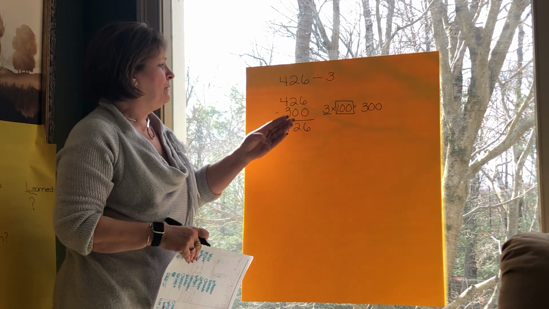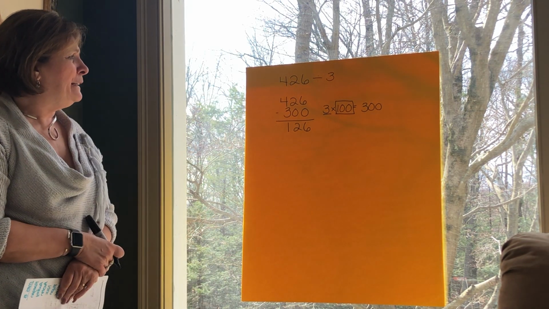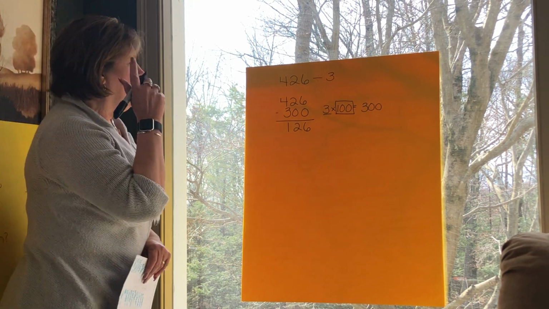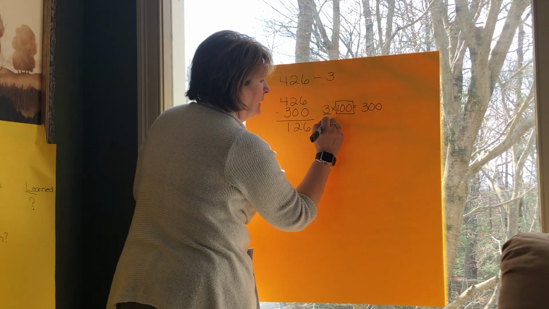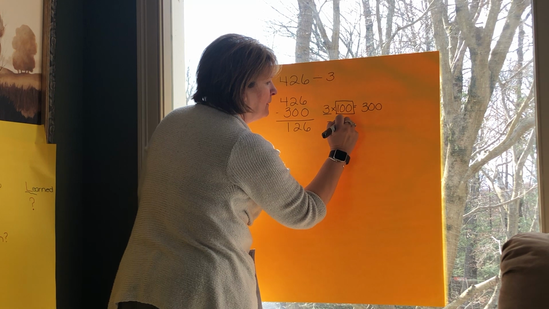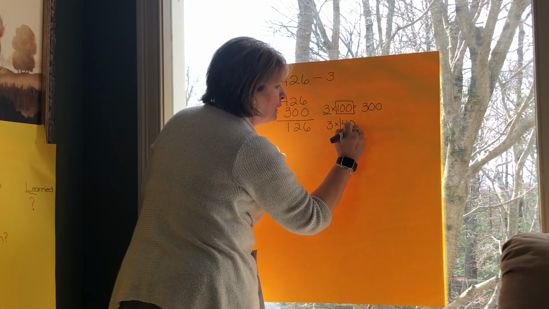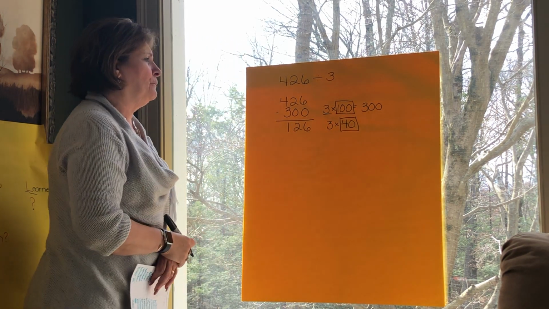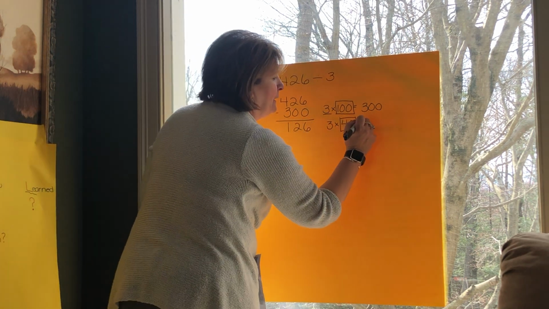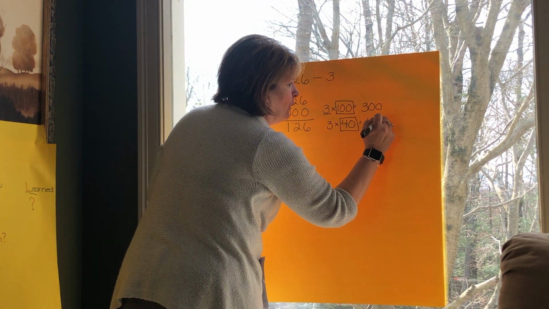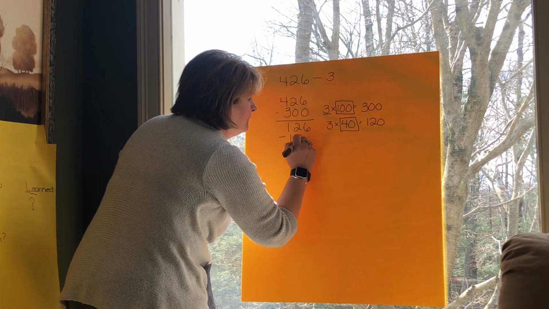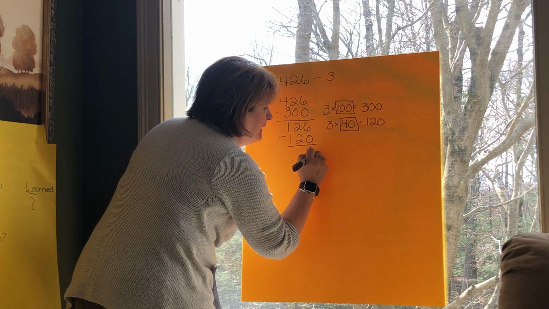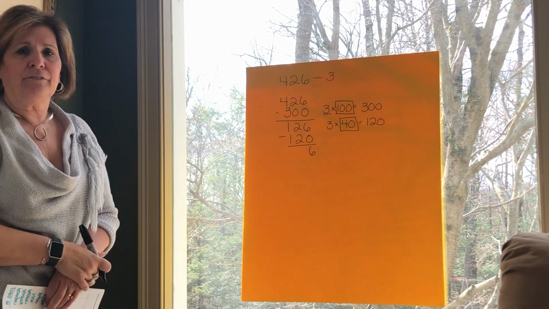Well, how many groups of 3 can I pull out of 126? I can say to myself, okay, I know that if I multiply 3 times 40 and take 40 more groups out, that would be like taking 120 out. So I take that and I have 6 left.